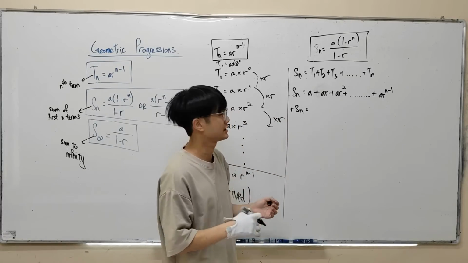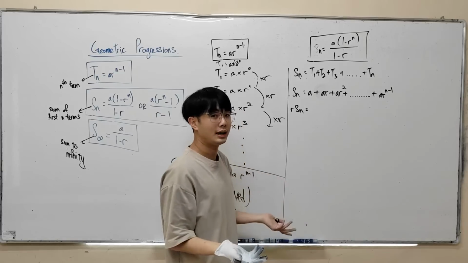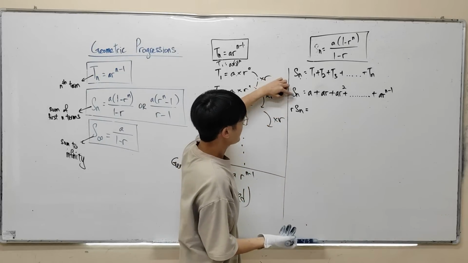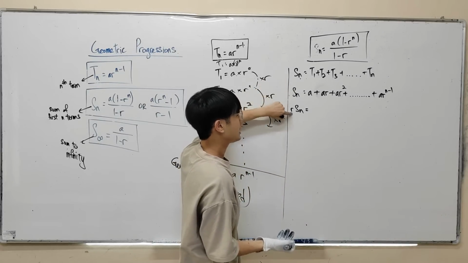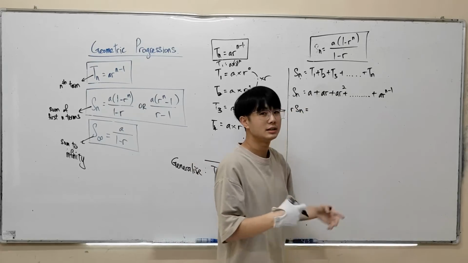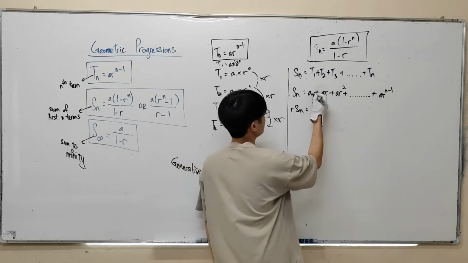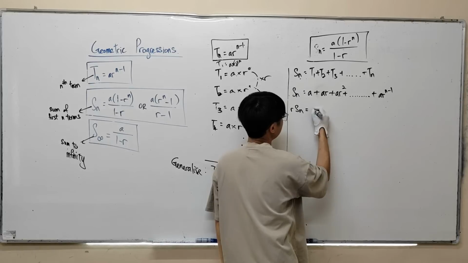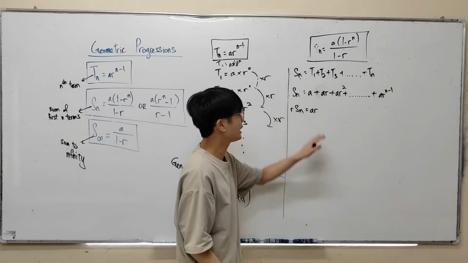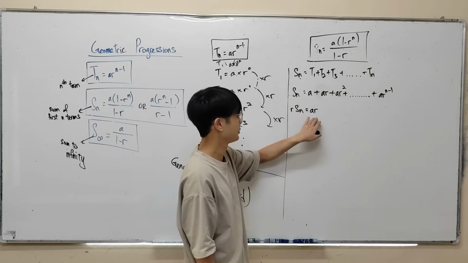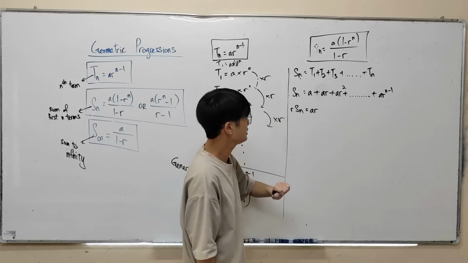So now you just listen first. If I times R here, everyone here I have to times with R also. So what happens to the A here? The A will become AR. Do you agree? Because I multiplied with R. So this one times R becomes this, okay?